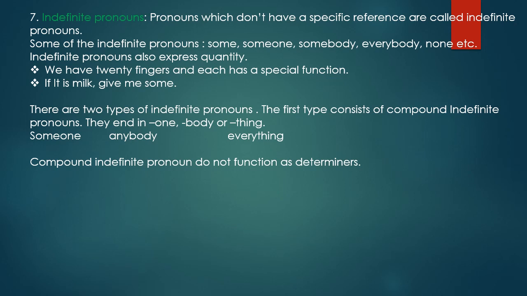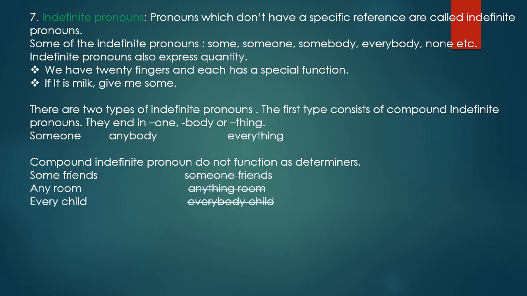They take singular verbs, like everybody, everyone likes is correct, but if we say everyone like ice cream, like is wrong usage. Something is right usage. If we say something are missing from my bag, are is the wrong usage.